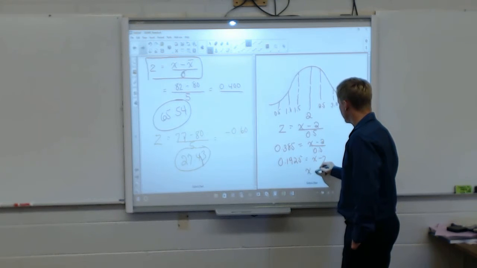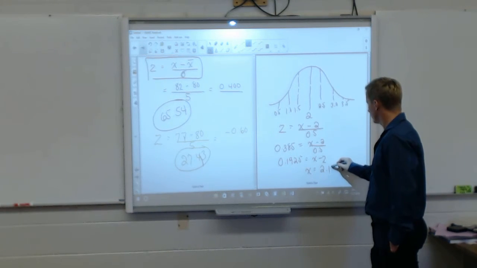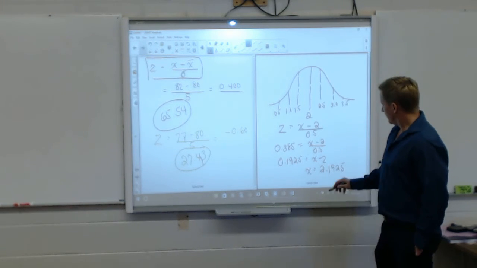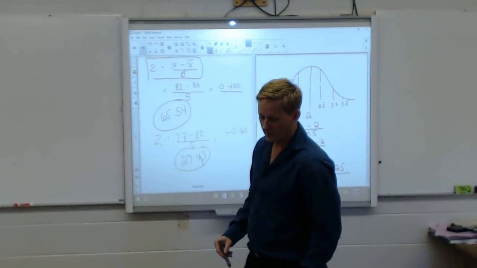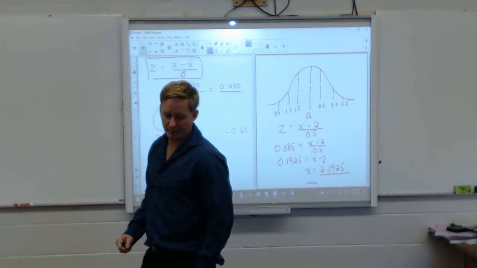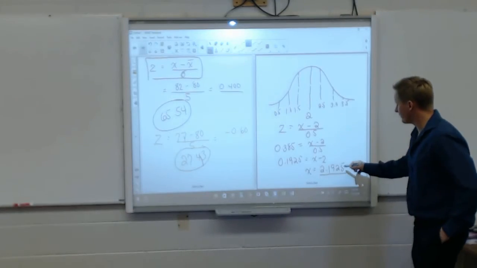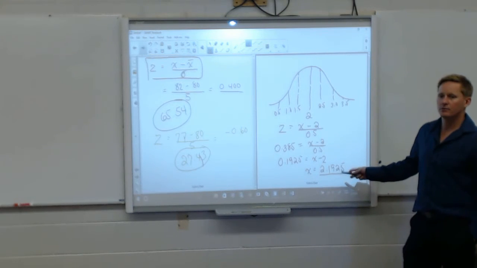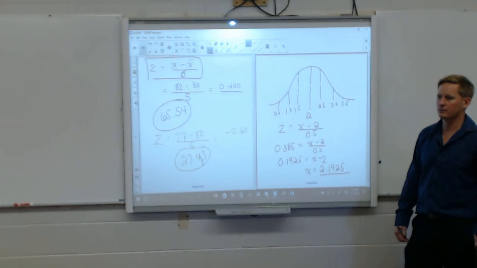So how do I get x? Add 2. So what does that tell us? That if she wants to replace it after 65% of the lifespan of its natural life, she'd have to replace it after 2.1925 years.